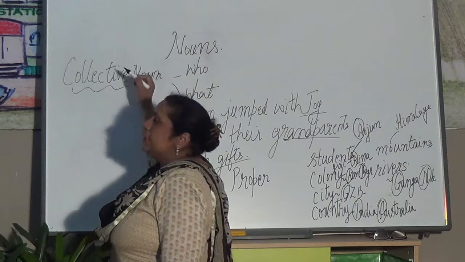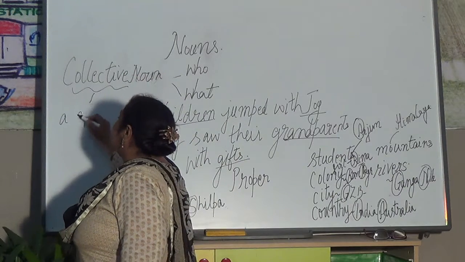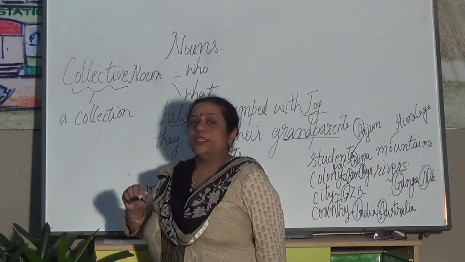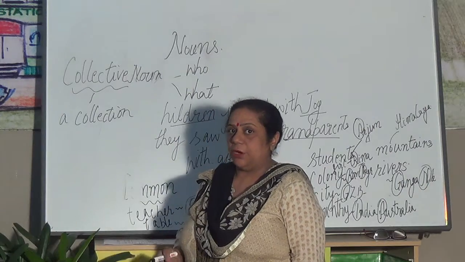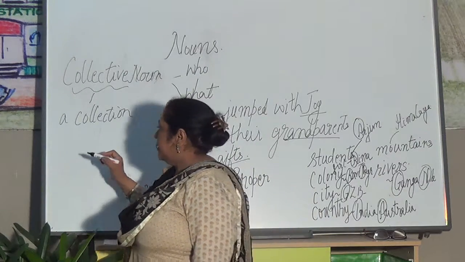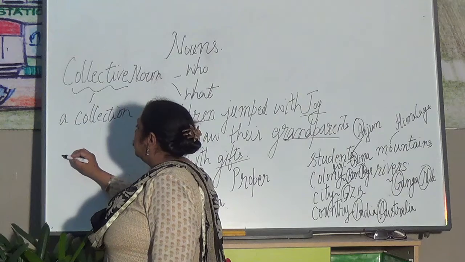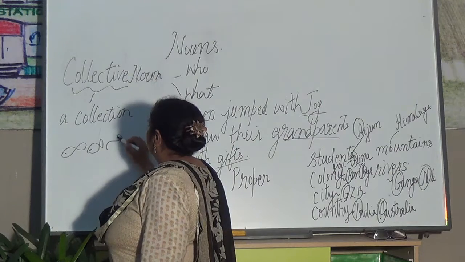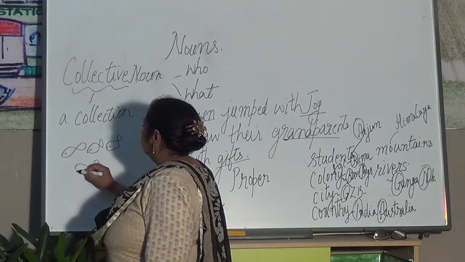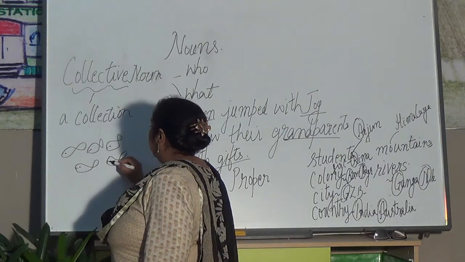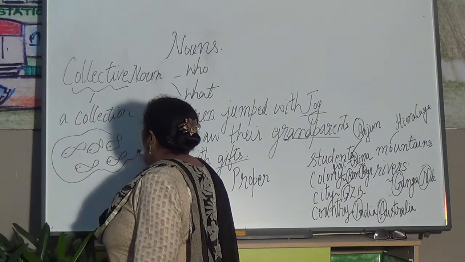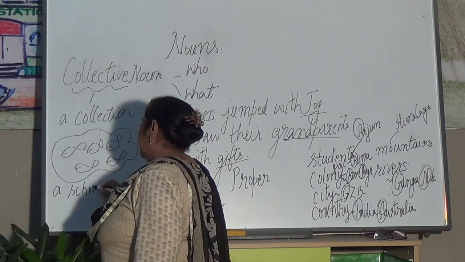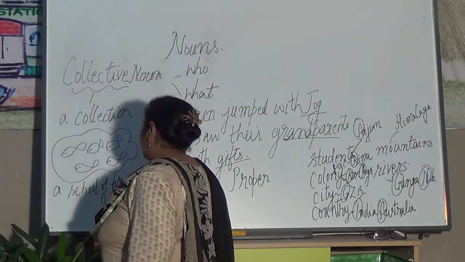As the name suggests, collective means a collection or a group of things which are taken as one unit or one whole unit. For example, if you take a group of fish, this whole unit can be called a school of fish.